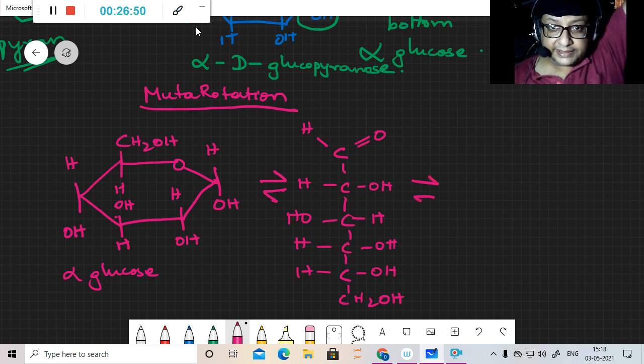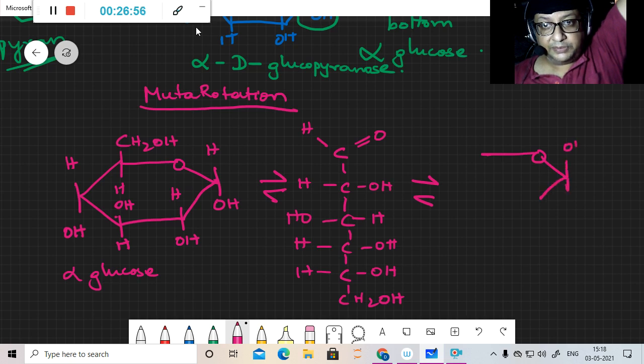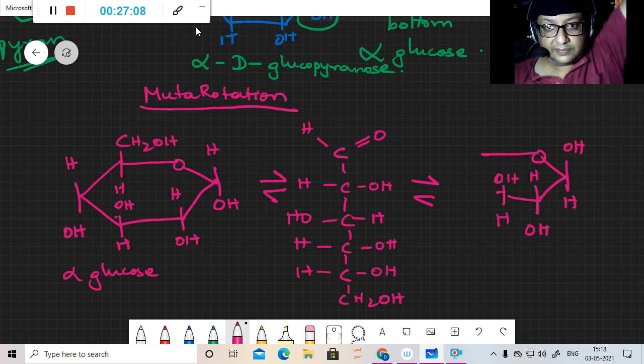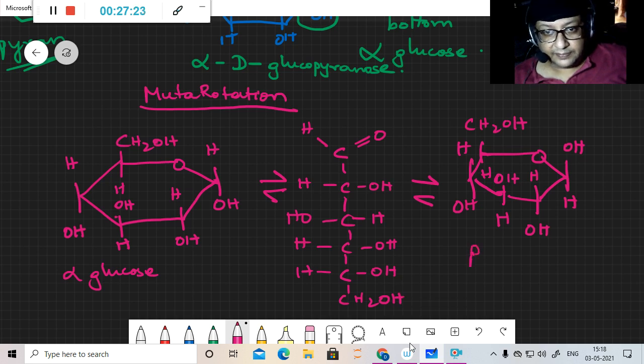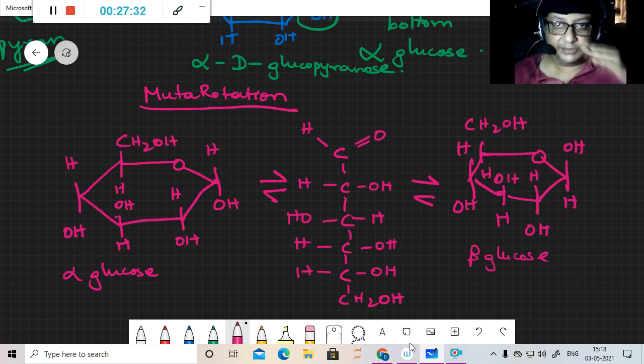This again cyclizes and forms beta glucose. This is beta glucose which has formed. This keeps on happening from alpha to straight chain to beta glucose. This keeps on happening.